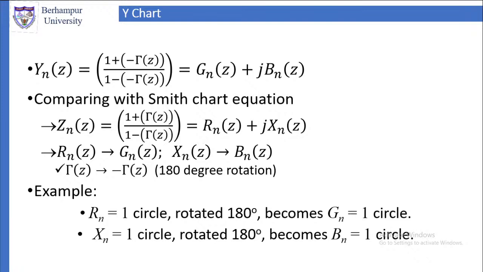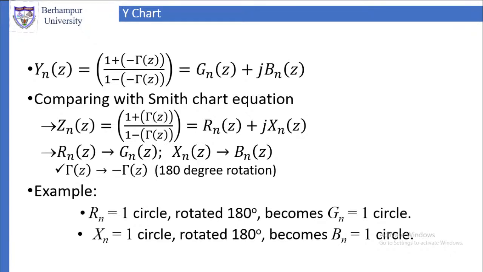Then we will come to the Y chart. Like the Z chart, we can also have a Y chart. The Y chart will be Yn is equal to, as we discussed, 1 plus gamma dash by 1 minus gamma dash. For gamma dash, we can write minus gamma. So that is equal to Gn plus jBn. Compare this with the Smith chart equation: Zn is equal to Rn plus jXn, which is equal to 1 plus gamma by 1 minus gamma.